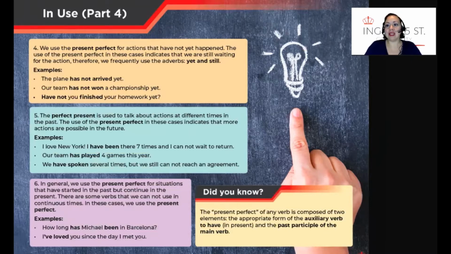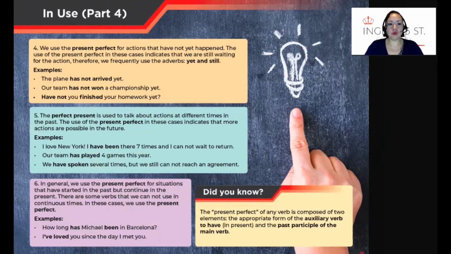So it's an action that hasn't happened yet. El avión todavía no ha llegado, y todavía lo estamos esperando. Our team hasn't won a championship yet. Haven't you finished your homework yet? So these are actions that haven't finished yet.